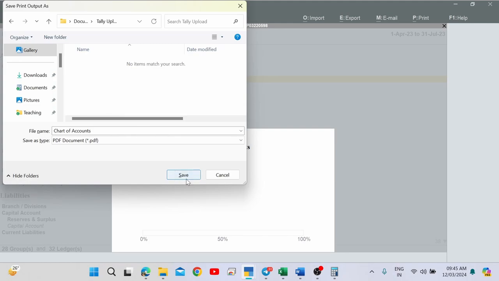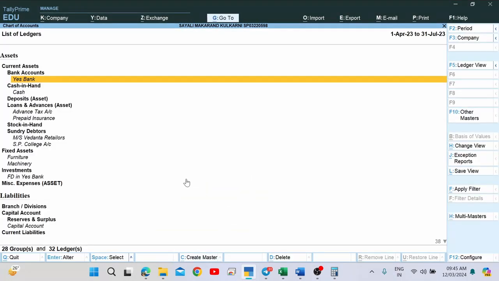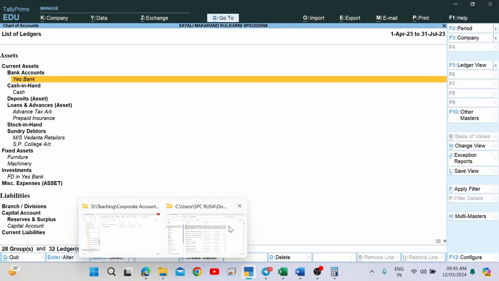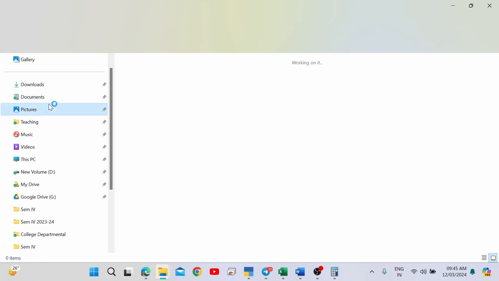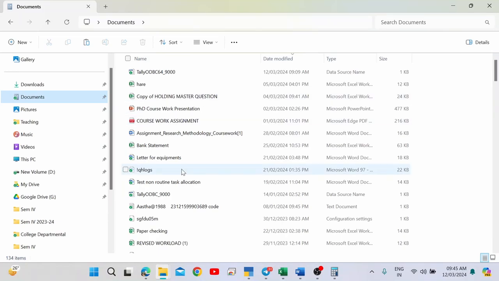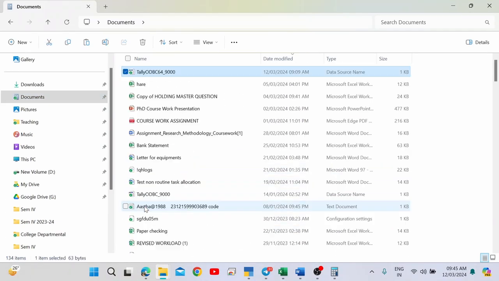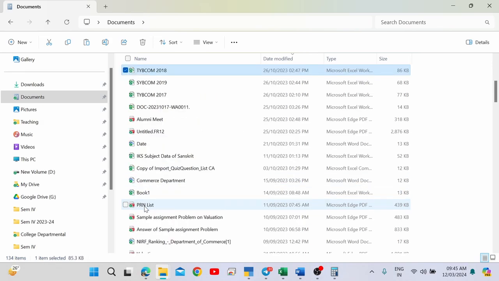Then in that cell, if you want to check, you can check that. Where is that? That is in the document folder, and then the document folder, tally upload folder.